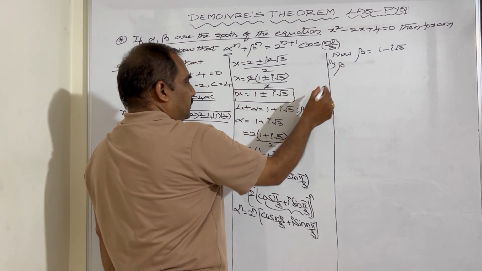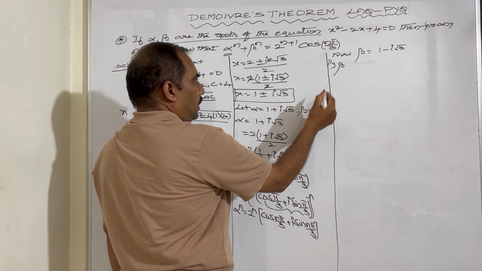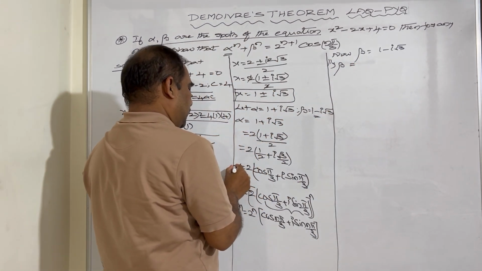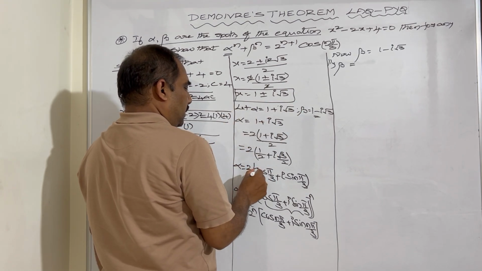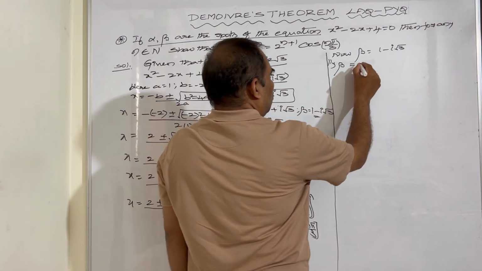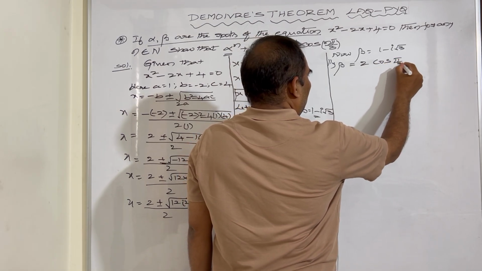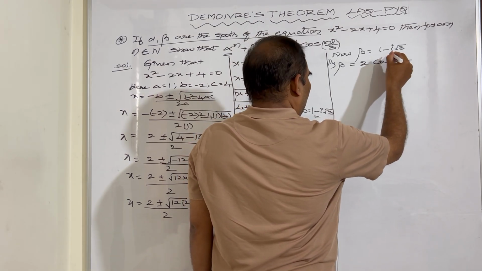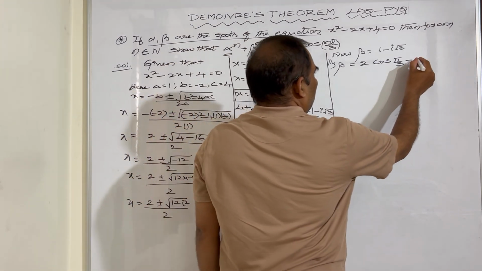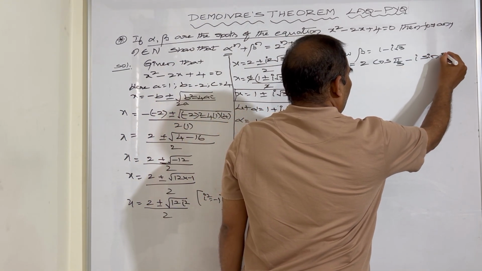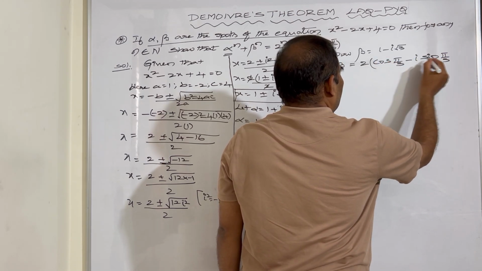So what is the difference here? 1 plus I root 3, here 1 minus I root 3. So which can be written as, similarly beta is equal to 2 into cos pi by 3, here minus I sin pi by 3. Like this we can write beta also.